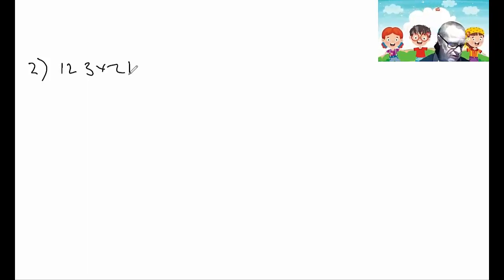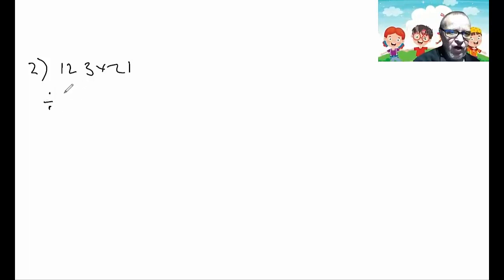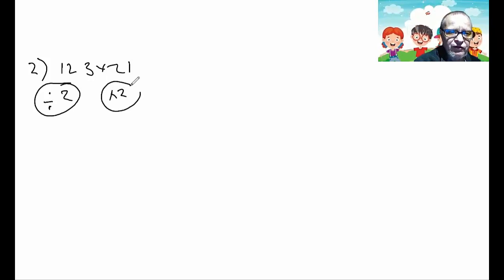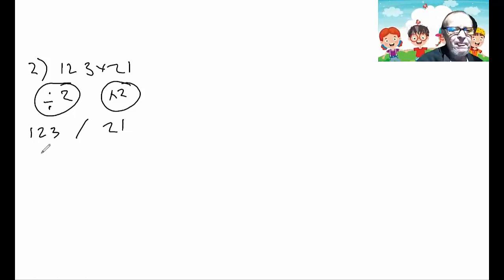So again, I'm going to decide one side I'm going to divide by 2, and the other side I'm going to multiply by 2. So in this case, I'm going to take 123 and 21. So I'm going to divide 123 by 2 and just throw away the remainder.